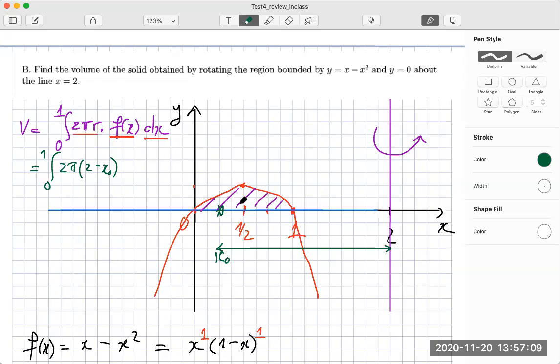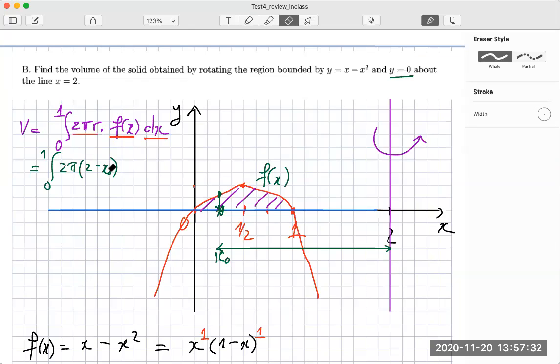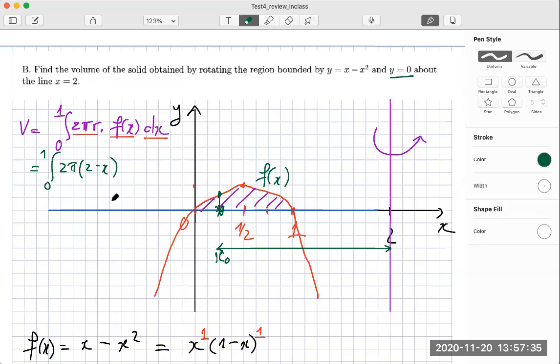And the height of this region at any point x0 will be the difference from the x-axis, the line y equal to 0, to the graph here, f of x, right? And that is exactly the function here. If x0 varies, then this is 2 minus x, and here will be the function f, which is x minus x squared, dx. Okay?